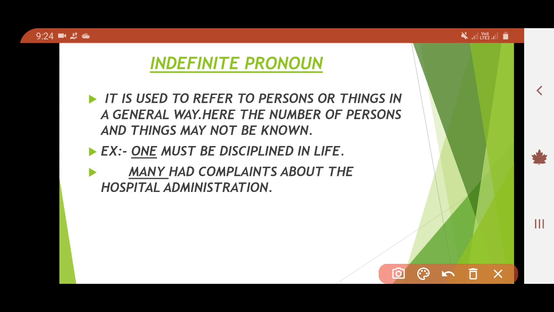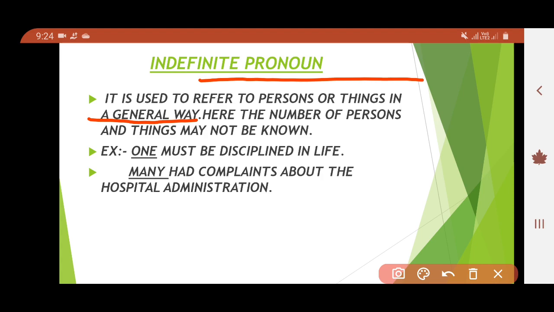It is not saying that this person is doing this or that thing is not good. It always refers to persons or things in a common way, about anyone, about all.